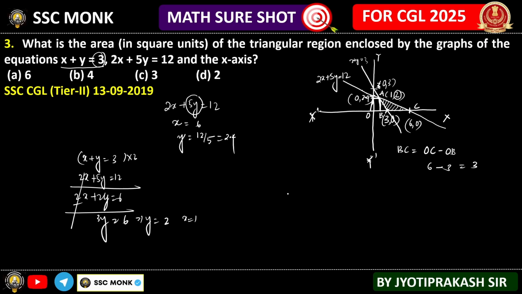Now see, area of triangle ABC is equal to half into base into height. Yes or no? Yes. Now half into base, this is my base BC, that is equal to 3, into height AB, that is 2. 2, 2 gone. Area is equal to 3 square units. That is the option. Clear? Sorted? So this is how you can solve this question.